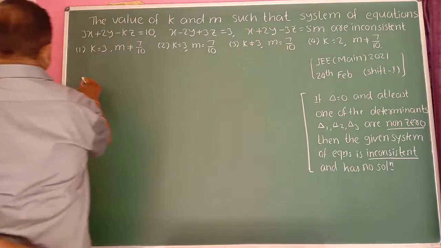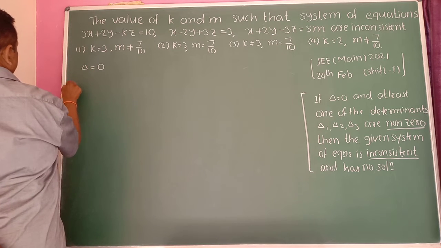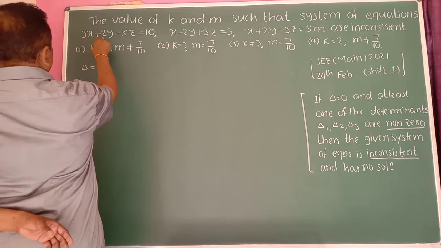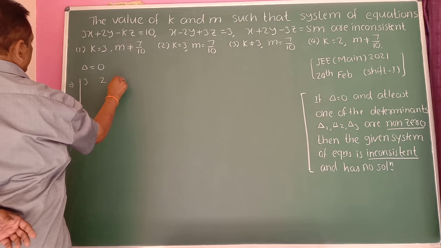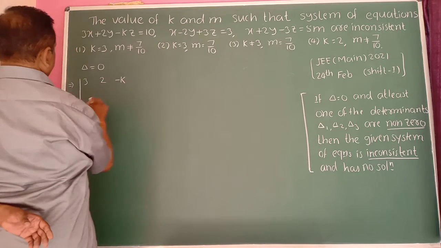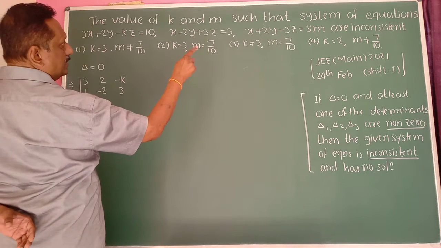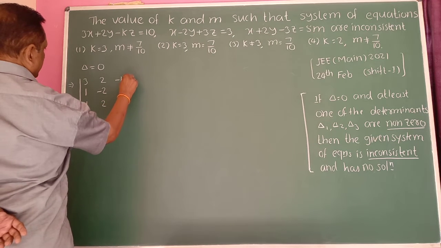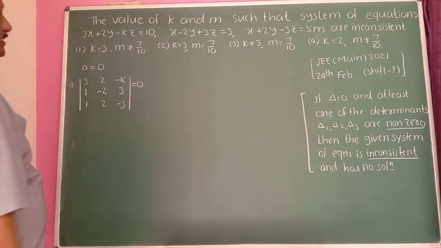Therefore, delta is equal to 0 implies the determinant of 3, 2, minus k; 1, minus 2, 3; 1, 2, minus 3 is equal to 0. Then expand this determinant.